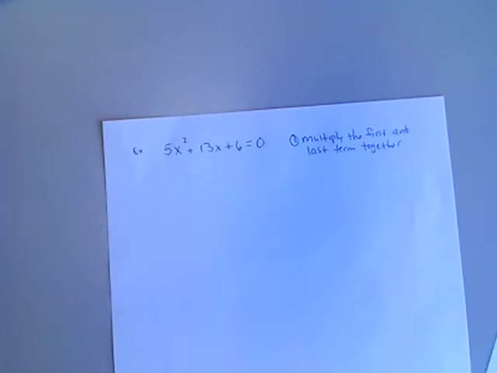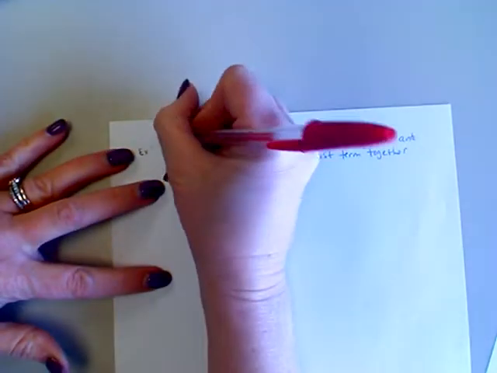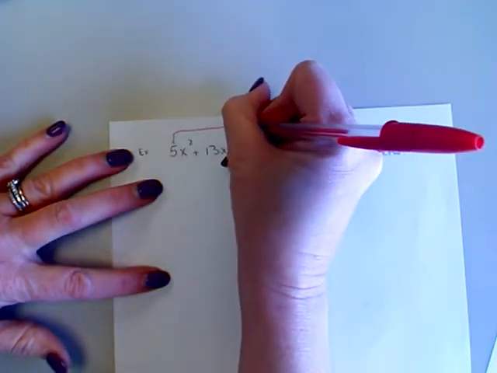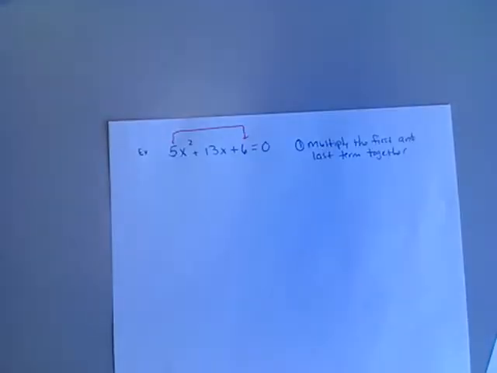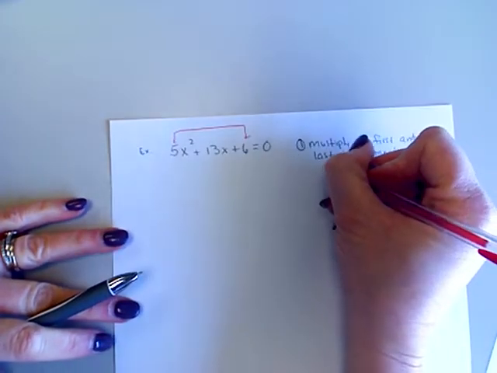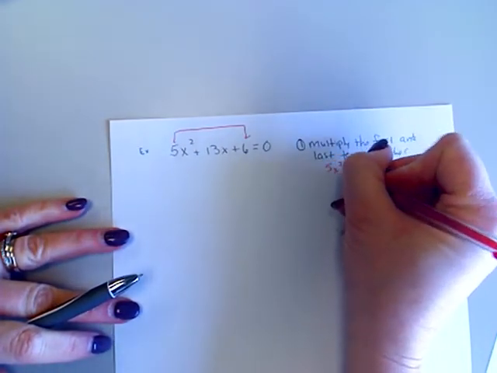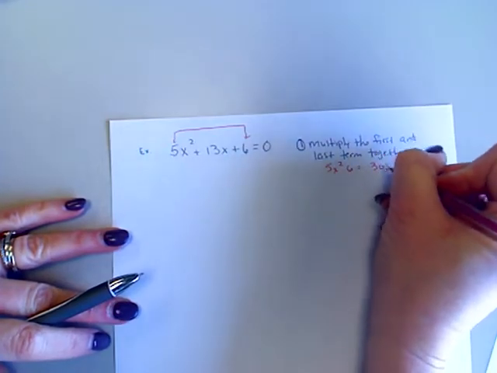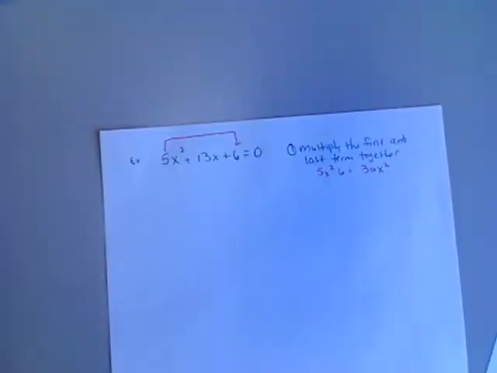You're going to multiply the first and last term together, here to here. And when you do, you're going to get 30x squared. I wrote it here like this. So you got 5x squared times 6 equals 30x squared. That's the first thing I want you to do.